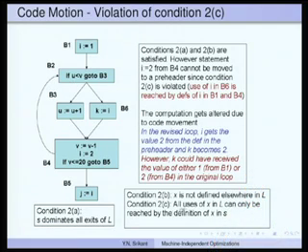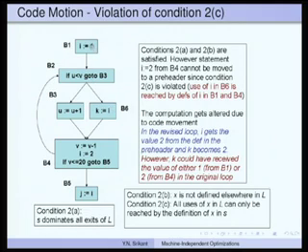What is 2c? All uses of x in L can only be reached by the definition of x in S. So, here is I equal to 2, this is the definition of I. Here is a use of I, k equal to I. But I equal to 1 in the basic block B1 can reach this k equal to I, and I equal to 2 in the basic block B4 can reach k equal to I after one iteration.